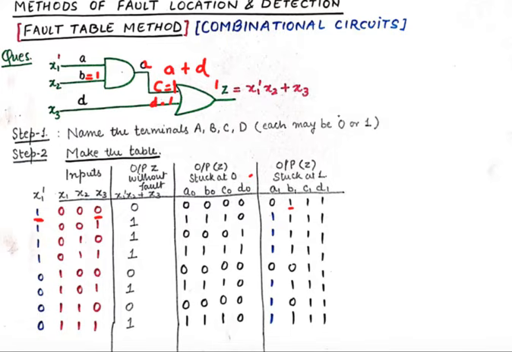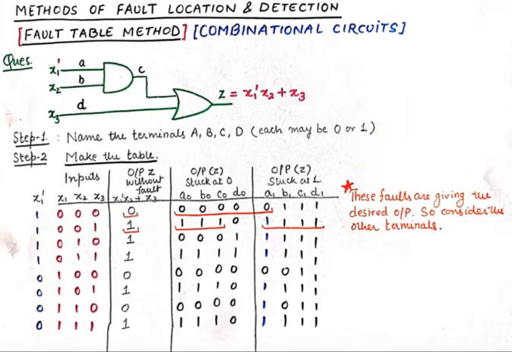So it is very important to populate this table. The first column is to calculate the output without faults. The next two columns are calculating the output when one of the terminals is stuck at 0 and when one of the terminals is stuck at 1. Now the next step is to see that for input 0, 0, 0, our fault-free output should be 0.